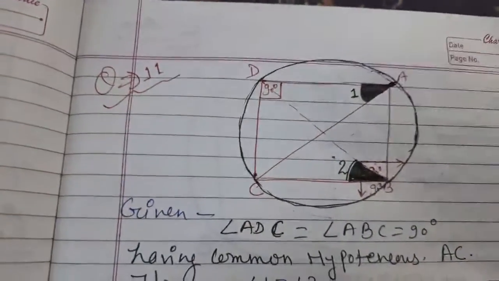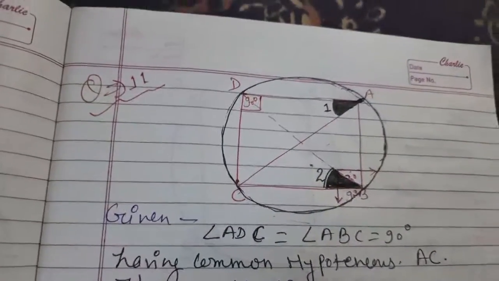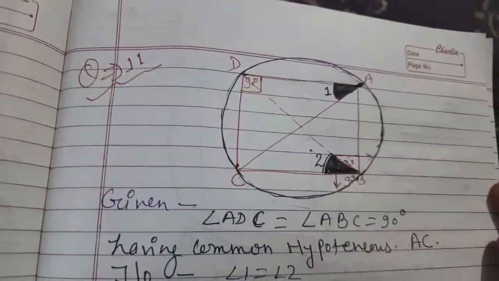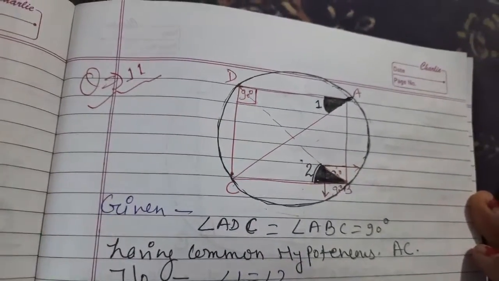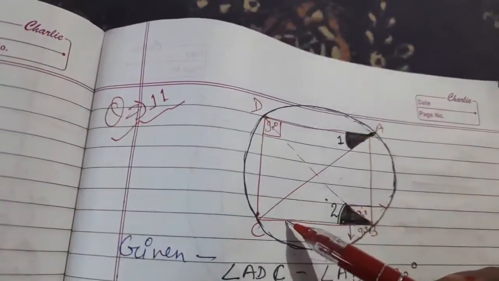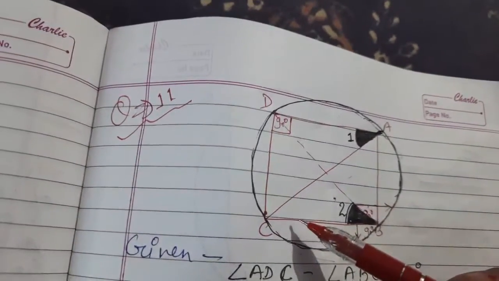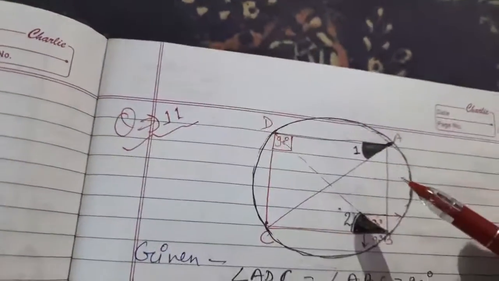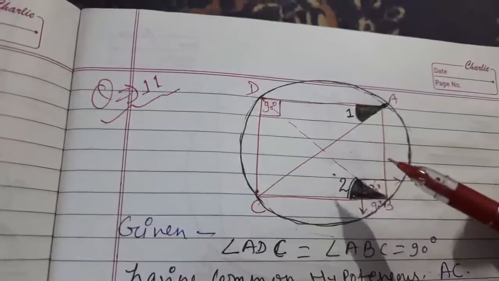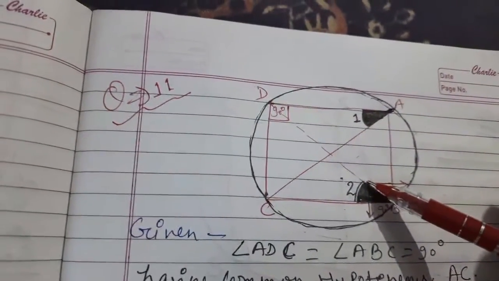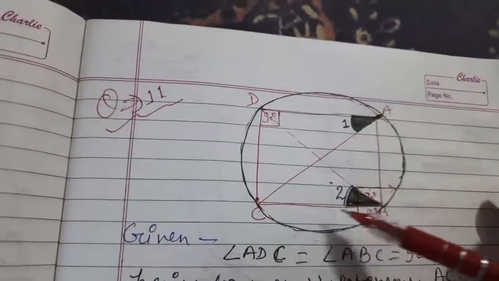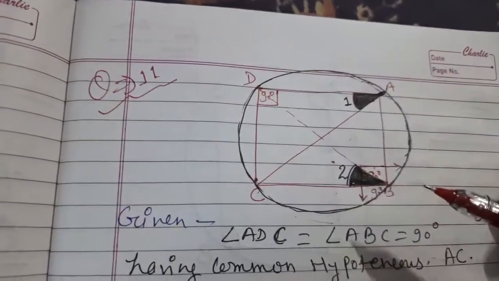As angle B plus angle D is equal to 180 degrees, by the angle sum property of the quadrilateral, the sum of angle A and angle C will also be equal to 180 degrees. So ABCD is a quadrilateral in which the sum of its opposite angles is 180 degrees, so ABCD will be a cyclic quadrilateral.